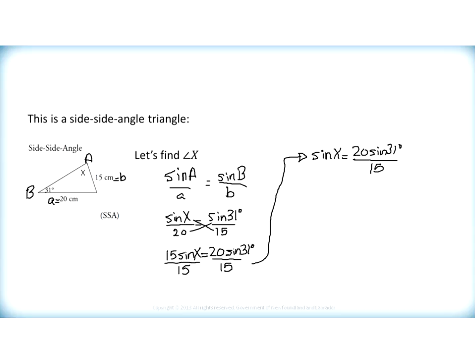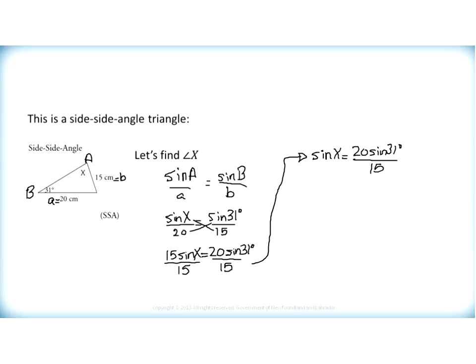I'm going to type in 20 times, for me I type in the angle first, times 31 sine, and then divide that by 15, and I get 0.6867.